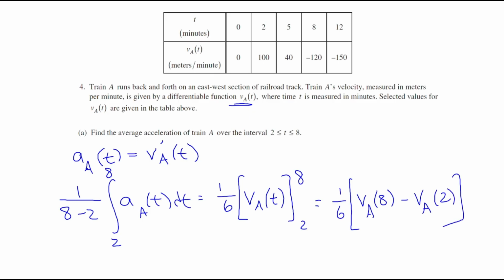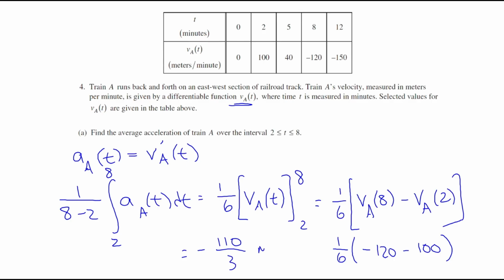Well, from the chart, we can find v sub a of 8 and v sub a of 2. So we have 1/6 of negative 120 minus 100. Negative 120 minus 100 is negative 220. And so if we divide that by 6, negative 220 over 6 is negative 110 over 3.